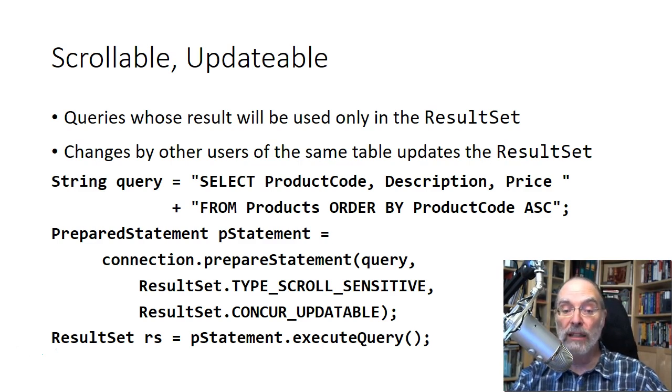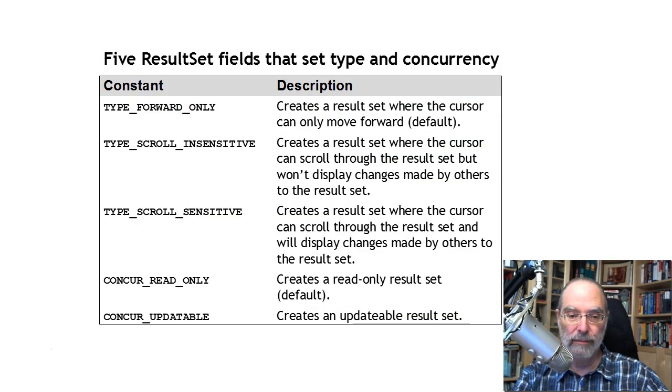So type scroll sensitive means that not only do we have a next method on the result set, but we can also move backwards. We can back up. And concurrently updatable, that's actually interesting. This means that if someone else is looking at the same record and you change the record or they change the record, your result set will be updated automatically.